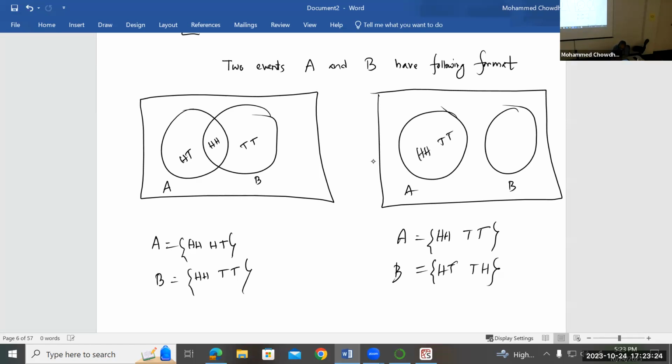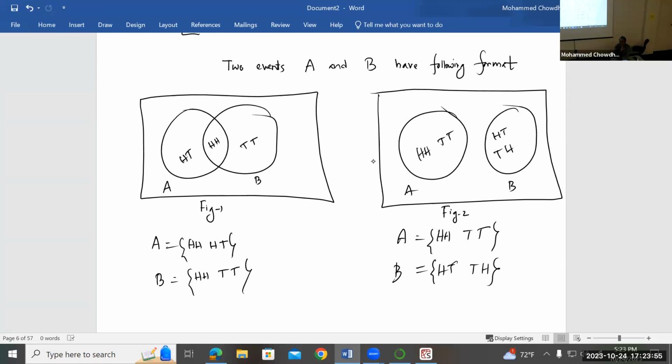HH, TT, HT, TH. Understand? I want you to look at this figure: this is figure 1 and this is figure 2.